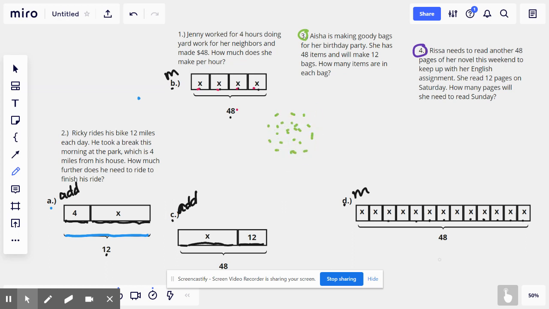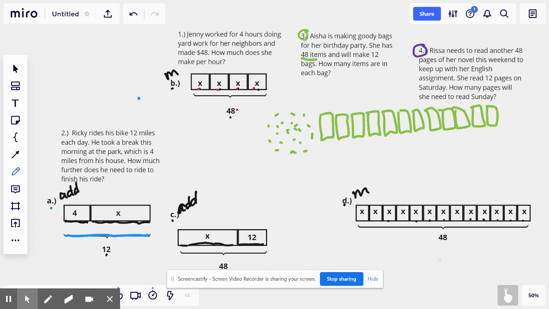Here's my 48 items, and it says she's going to make 12 bags. So I'm going to draw 12 bags out here: 1, 2, 3, 4, 5, 6, 7, 8, 9, 10, 11, 12. She has 12 bags, and we're asking how many items are in each bag.